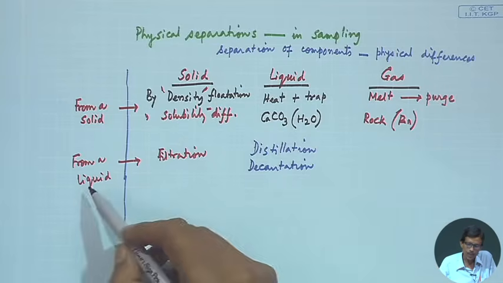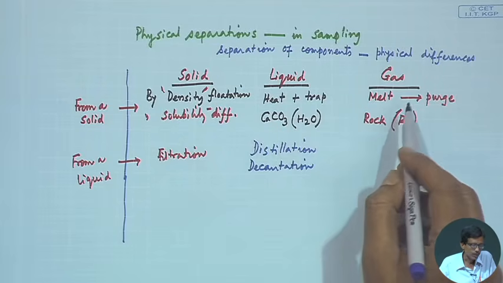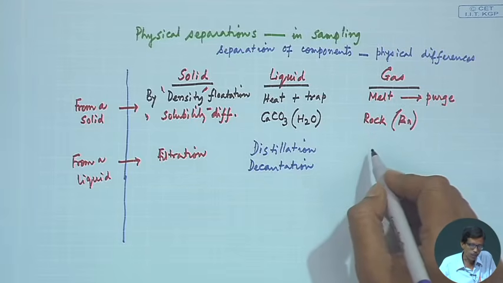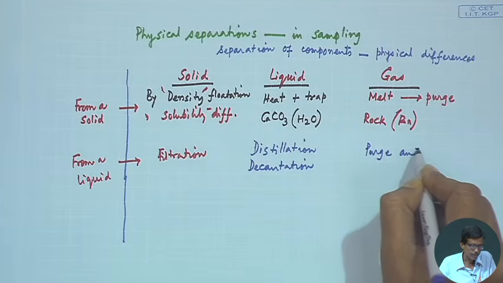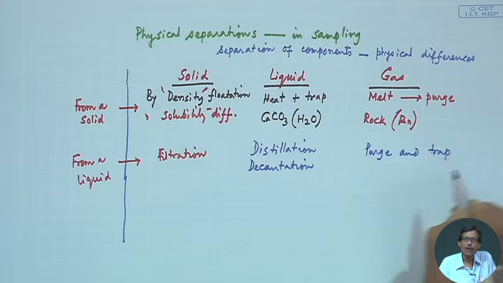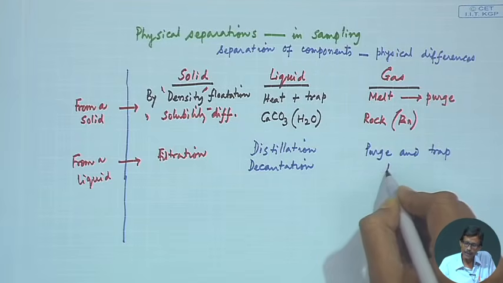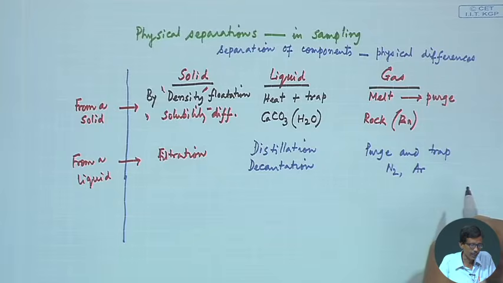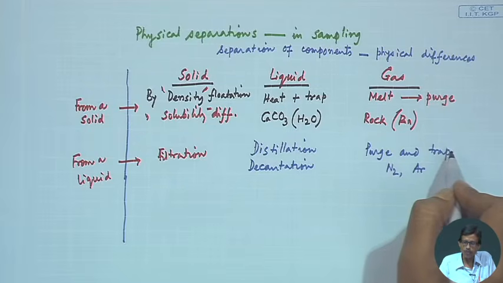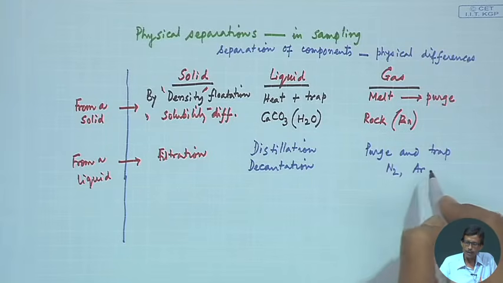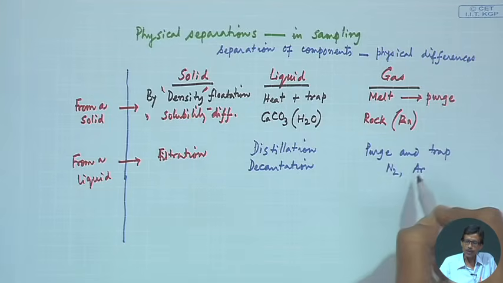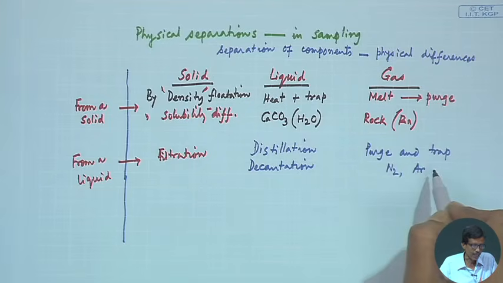Then gas from the liquid is also like that of our solid from the solid, then we have to use the purge and trap technique. How we bubble some inert gas, say nitrogen or argon over there, and the gas what is coming out will be the gas which we are looking for the separation, and if we cool those gases, if they are cold enough we can liquefy them, otherwise this gas can be separated from those inert gases.